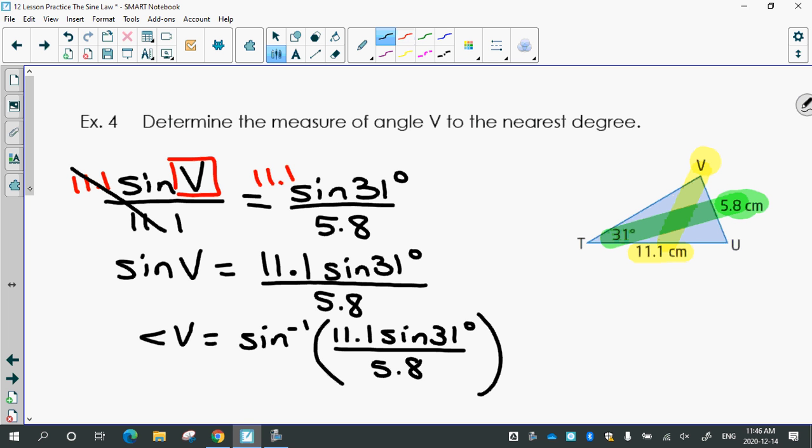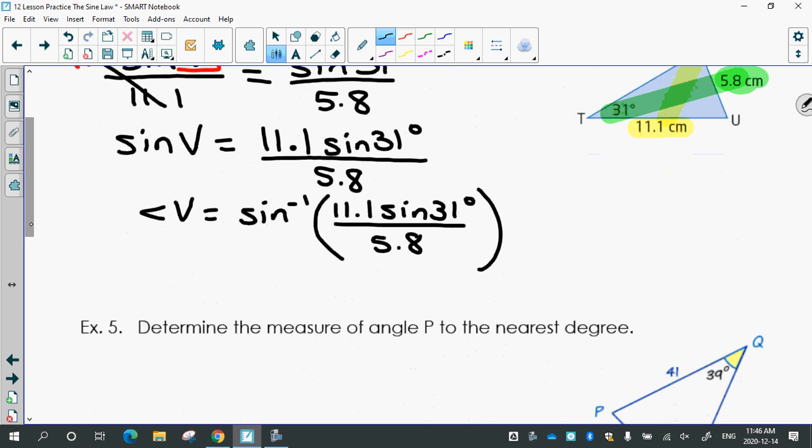And now being able to put that in our calculator is the next thing. For some people, you're going to do shift or second and sine, and it opens up a bracket for you. Then you can type in 11.1 times sine 31 divided by 5.8, closing bracket.